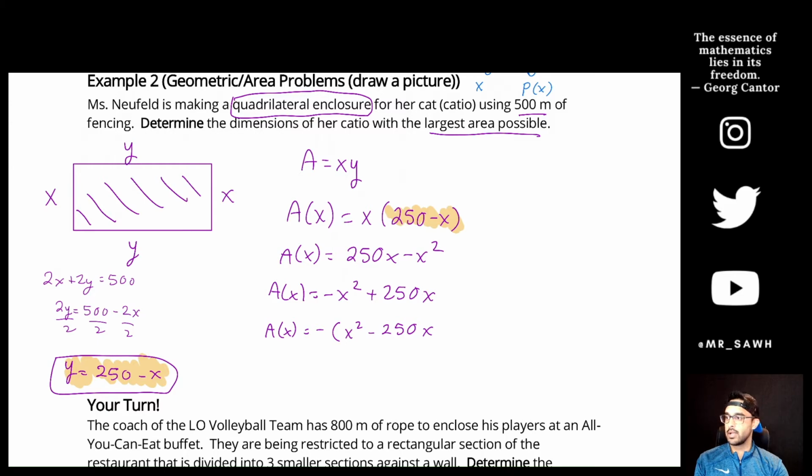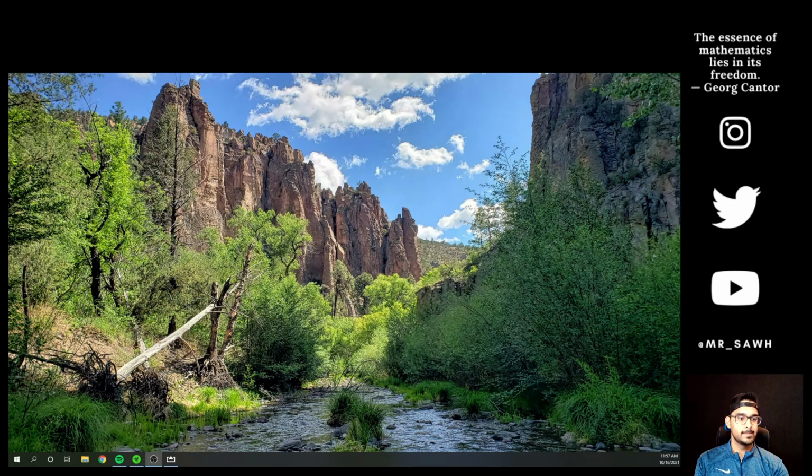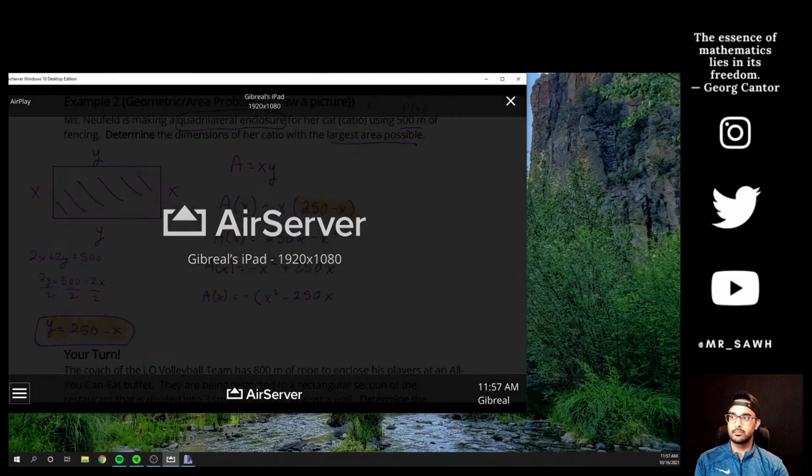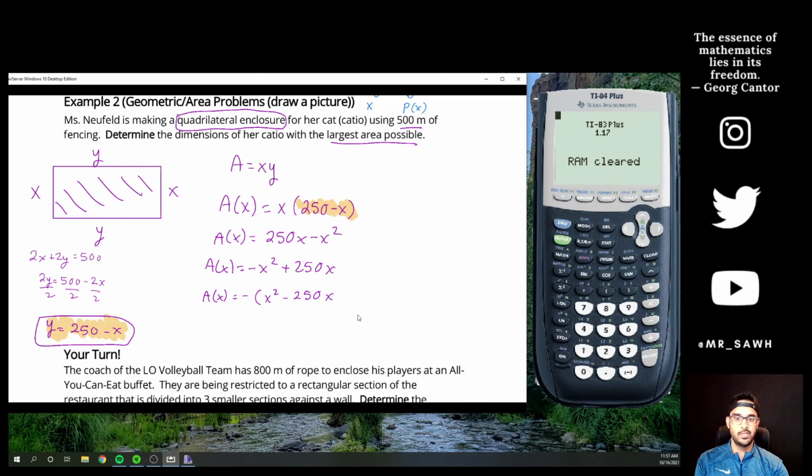I just need to figure out what to add and subtract. So I'm just going to grab my calculator here. Okay, so now I'm going to take my 250, divide it by 2, and then square it, just like we did before. So I'm going to add into this set of brackets 15,625.